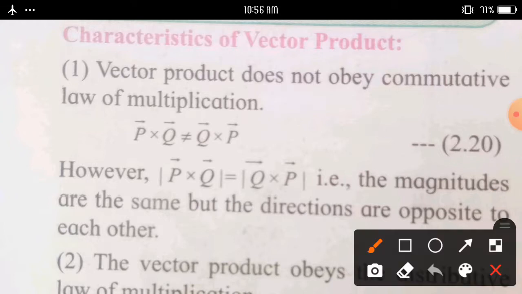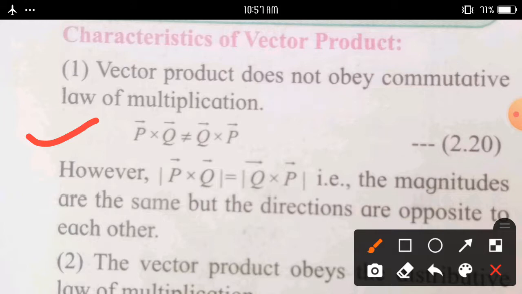First characteristic, vector product does not obey the commutative law of multiplication, because in vector product we consider magnitude as well as direction.